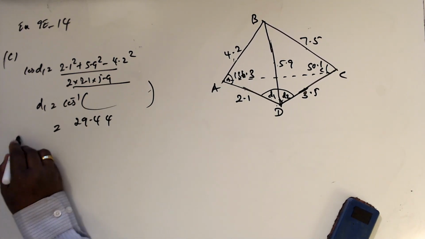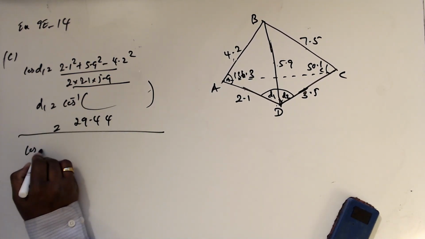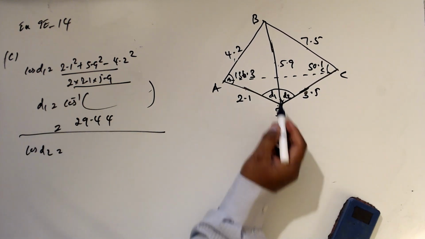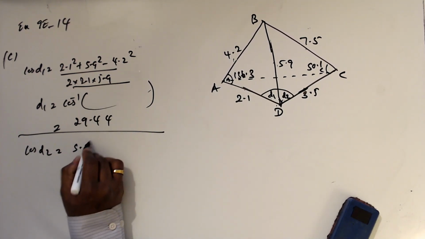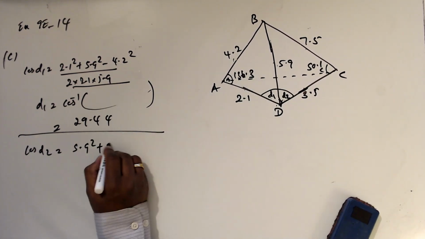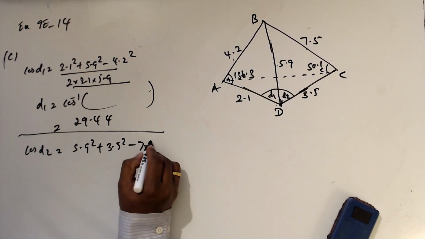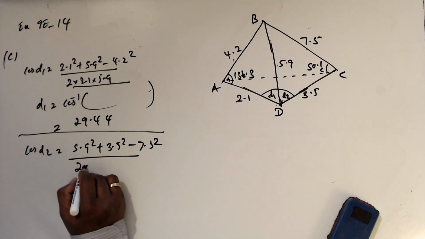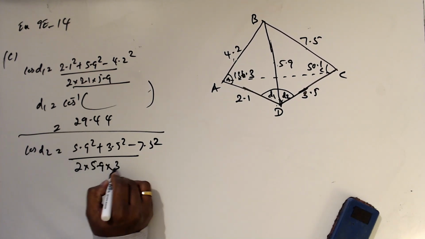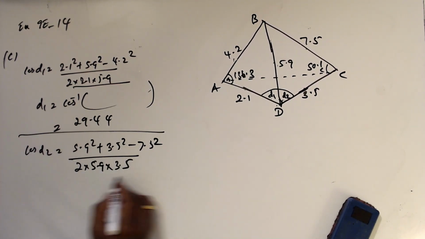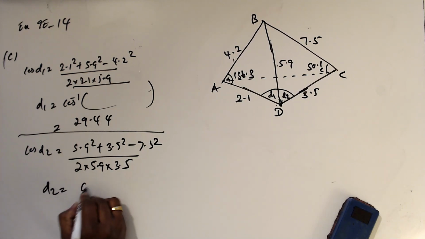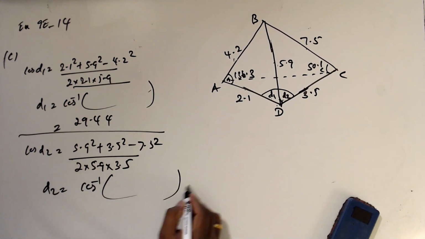Same as d2, cos d2 equal 5.9 square plus 3.5 square minus 7.5 square divided by 2 times 5.9, 3.5. Then d2 equal cos inverse this one.